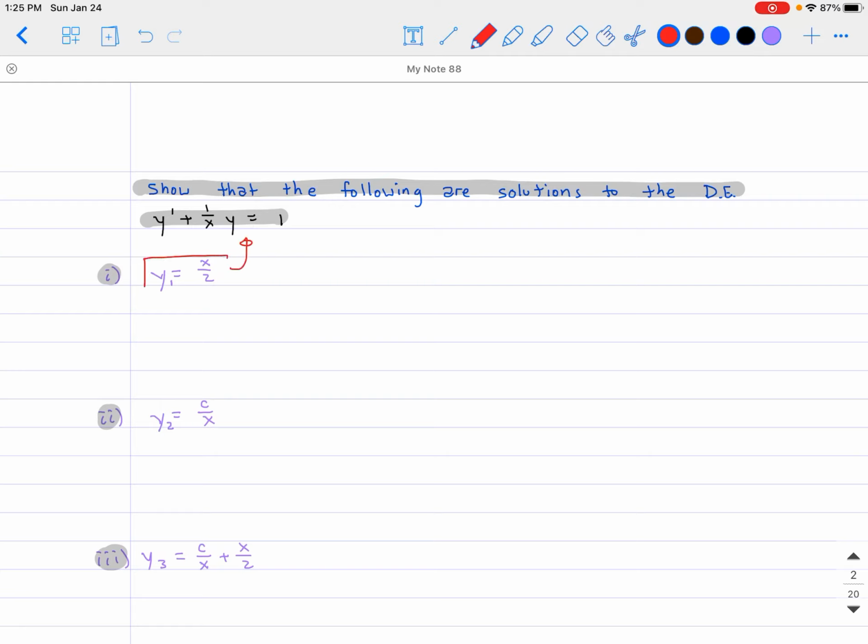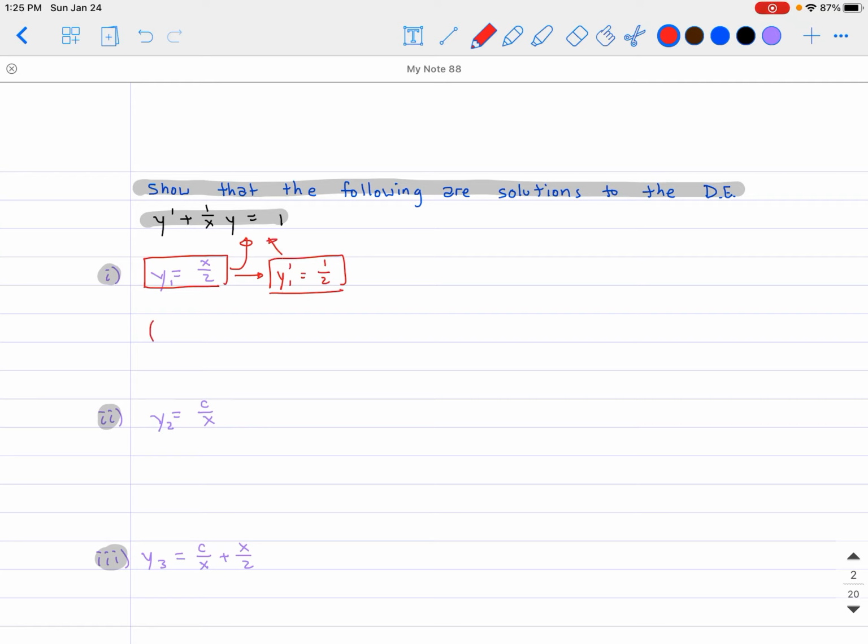So here in the first case, we have y sub 1 is equal to x over 2. Now, if I were to plug it into the differential equation, I need to solve for y prime first. That is going to be equal to 1/2 because I'm just taking the derivative of this. Now we have everything to plug into our differential equation.